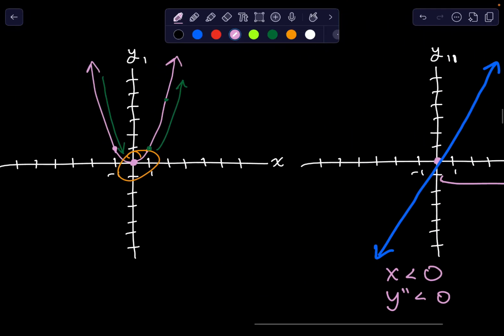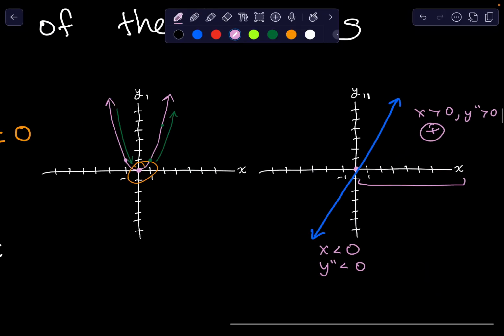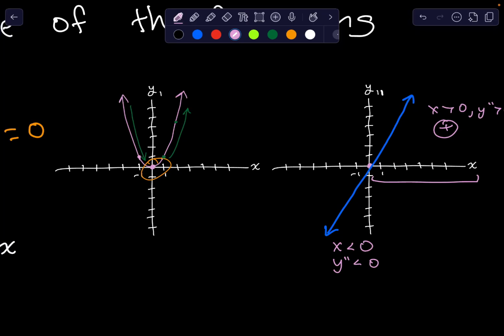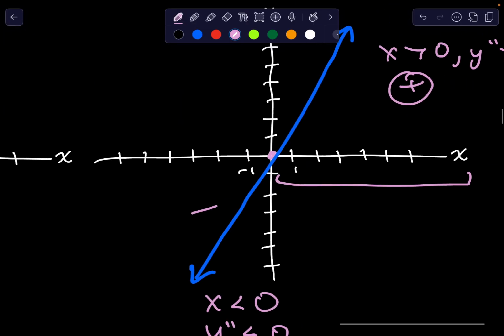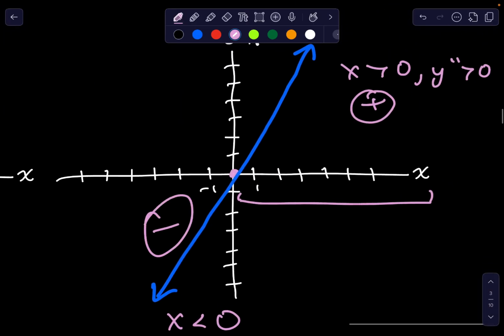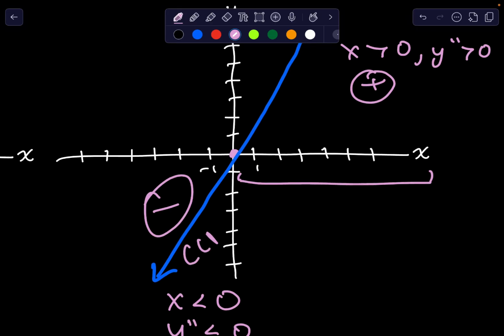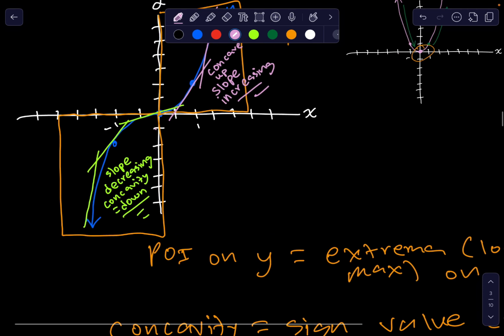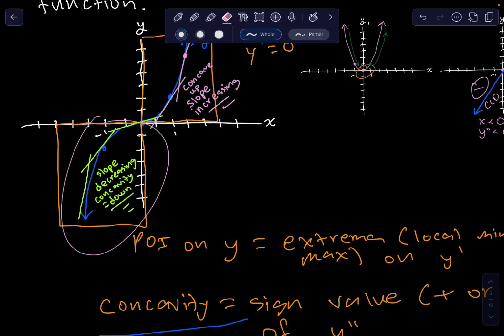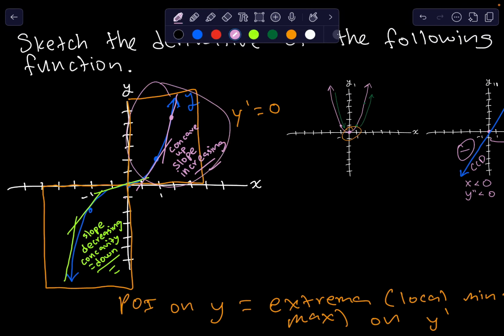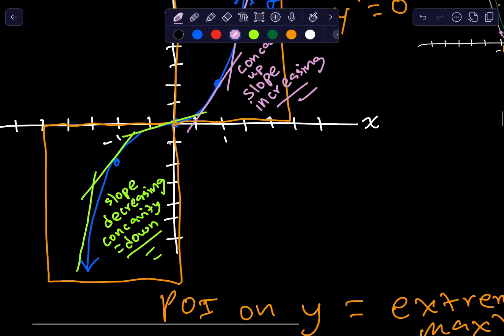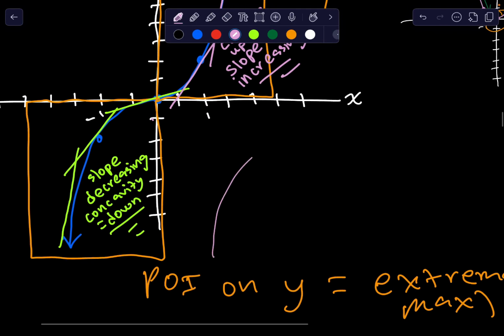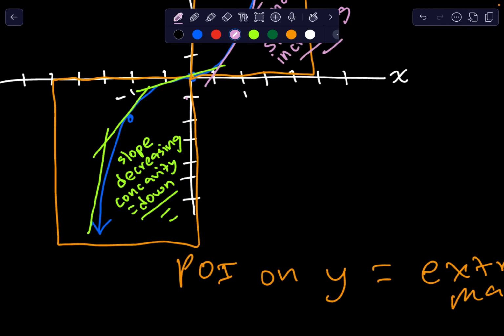Our slope is decreasing, or we have a decreasing graph over here. And then how does that look on the original function, the concavity? Because remember, this is negative concavity, meaning we're concave down. Over here, we're concave up. How does that look on the original graph? Here it is. There's a lot of stuff over here, a lot of lines, kind of busy, but we can see that it's that curvature that shows you concave up or concave down.